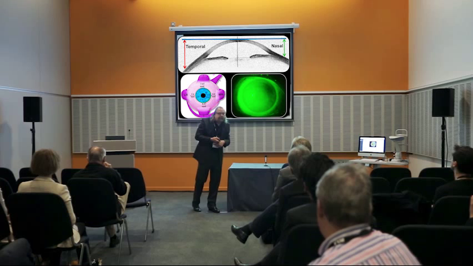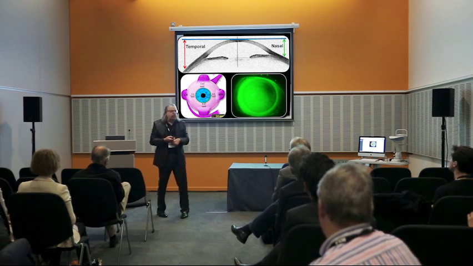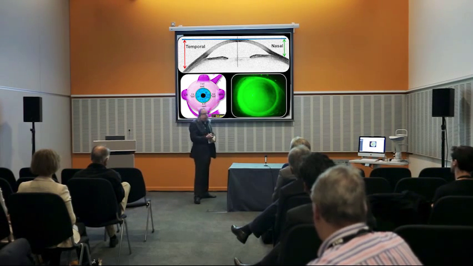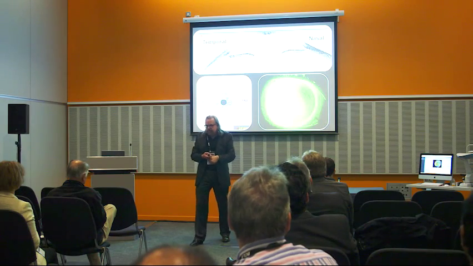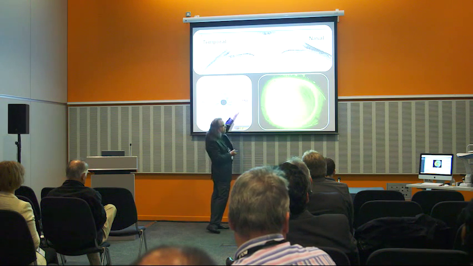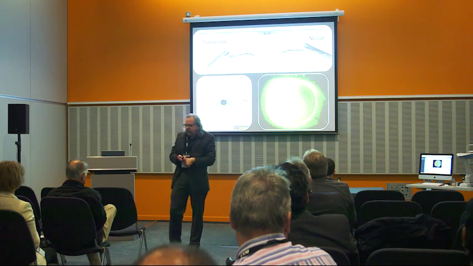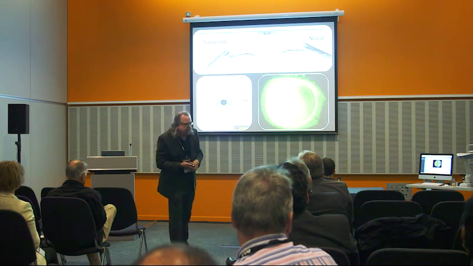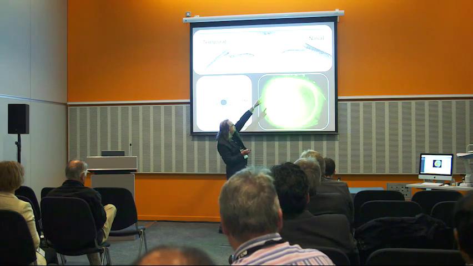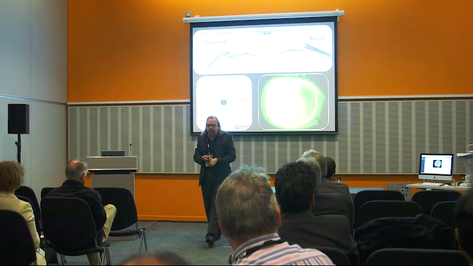Now, why is this incredible asymmetry taking place? Well, we think it has to do with the position or the insertion of the extraocular muscles. With the medial rectus muscle being inserted only 5 millimeters from the limbus, we're curious as to whether or not that is playing a role in creating that differential nasal versus temporal side of the cornea.